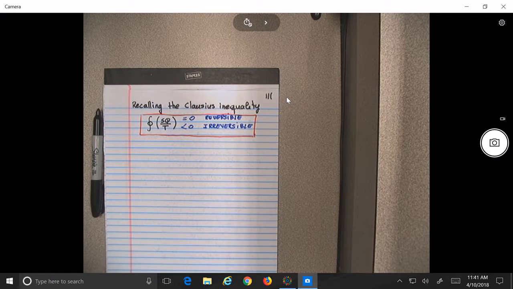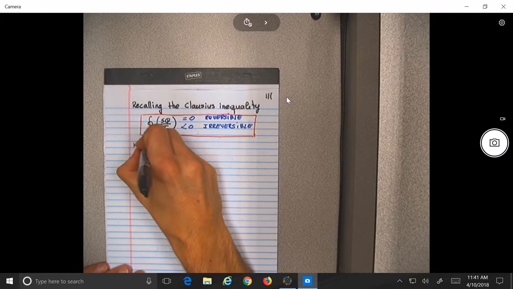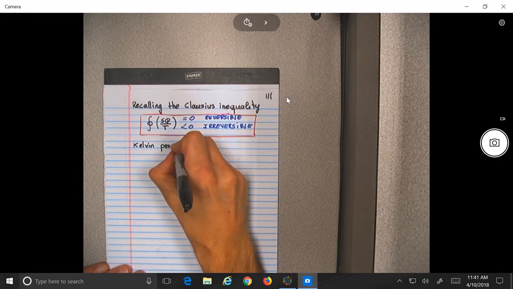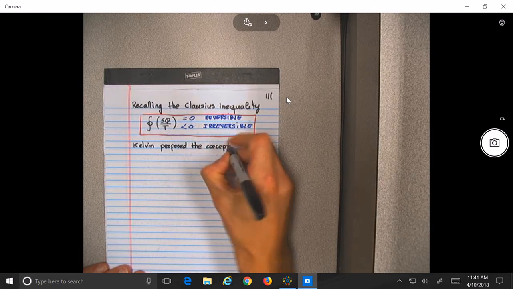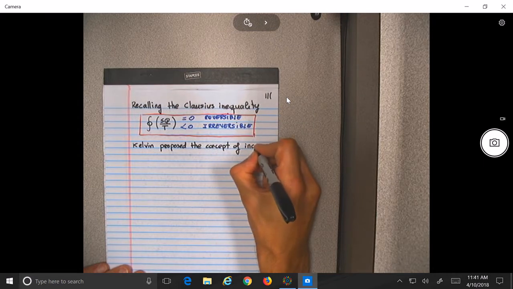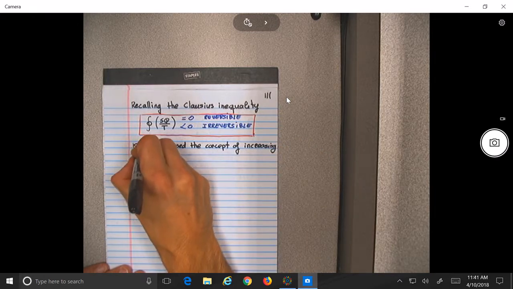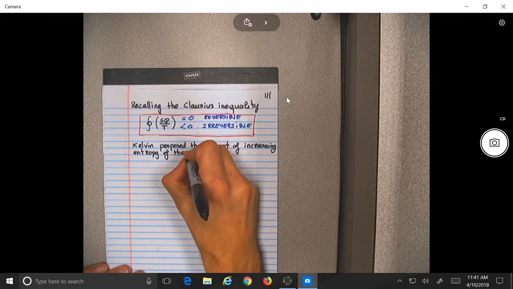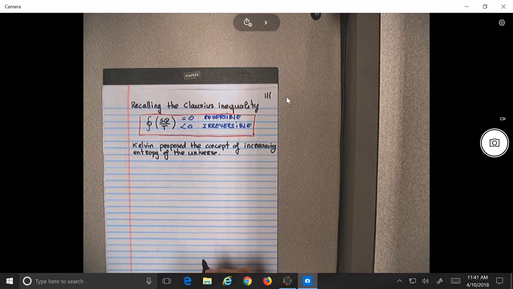Okay, so this part gets a bit confusing about the entropy. Now we're going to write down that Kelvin proposed the concept of increasing entropy of the universe.